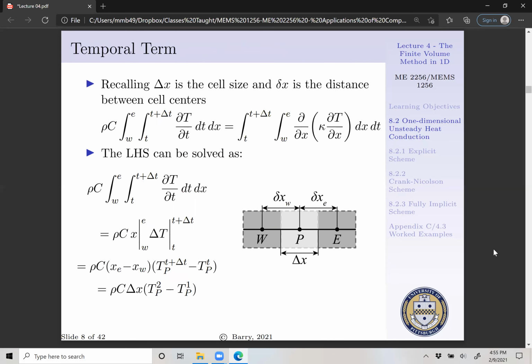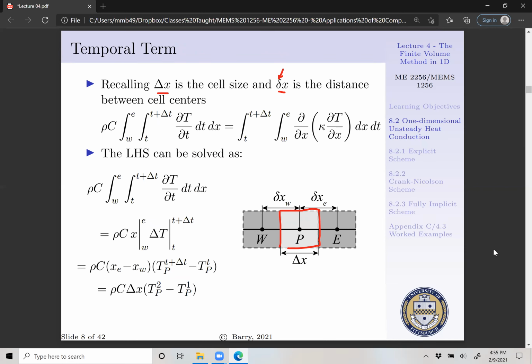Okay, now, this is the fun part. Delta x was the width of our cell. I'll call that, I don't know, it is capital delta, upside down nabla, triangle x, because that is also a delta.